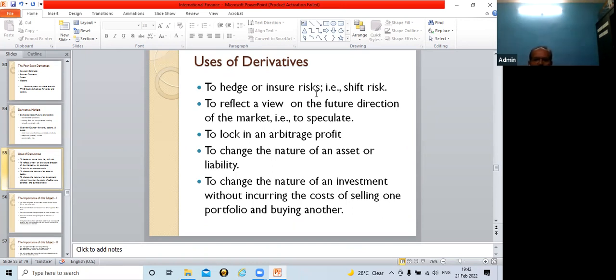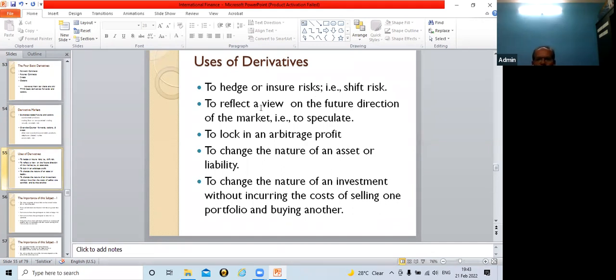The owner is giving his car to that agent, and that agent is giving it to the customer. So here four persons are involved: customer, agent, owner, and insurance company. So the risk is being shifted from one person to another person.